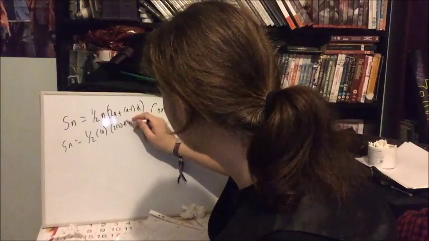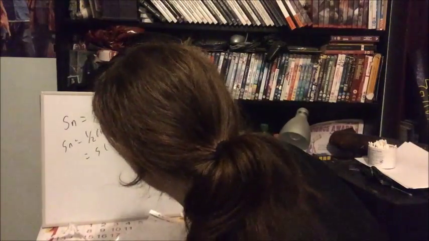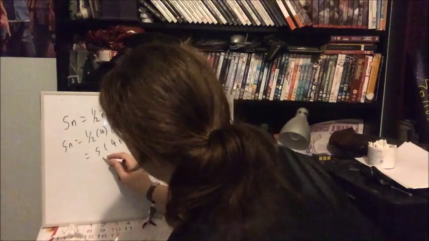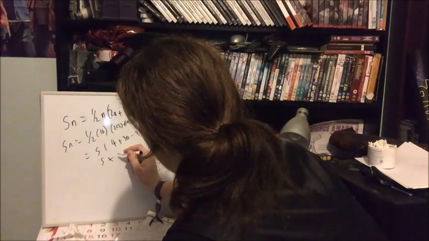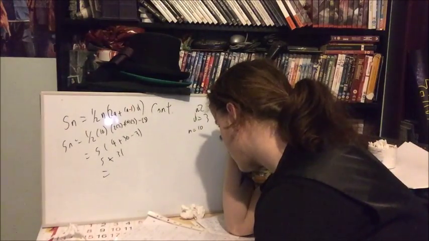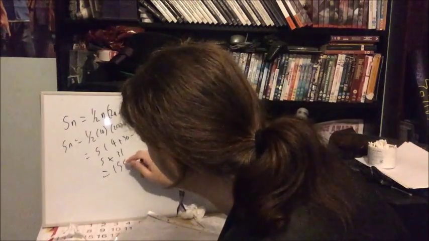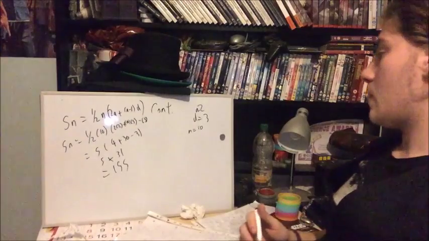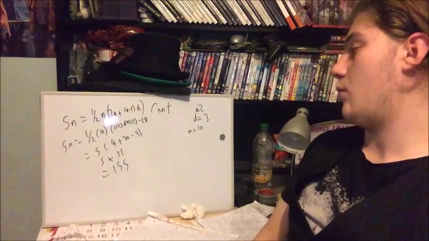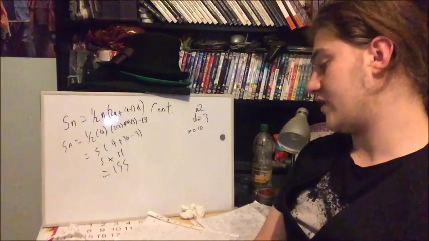We said n was 10, didn't we? Yep, 10. And then that equals 5 times 4 plus 30 minus 3. So 5 times 31, which equals 155. I'm convinced that whatever sequence I just came up with, that's the answer.